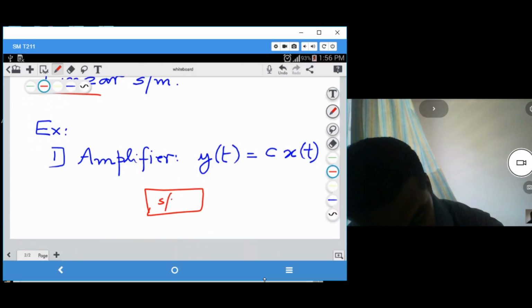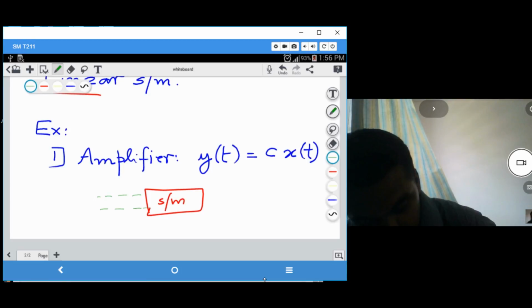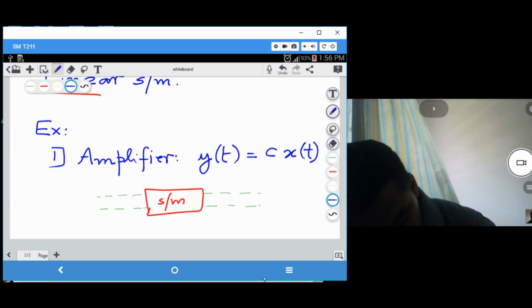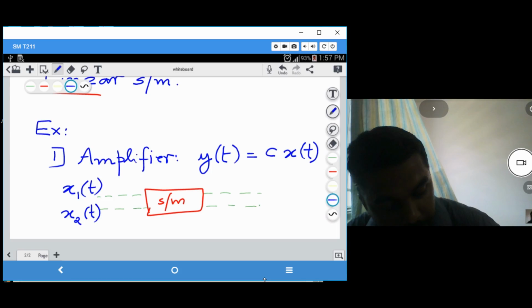So we have the system, and let me denote a set of dashed lines. Let us consider two inputs, x1 of t and x2 of t, and their corresponding outputs, y1 of t and y2 of t.